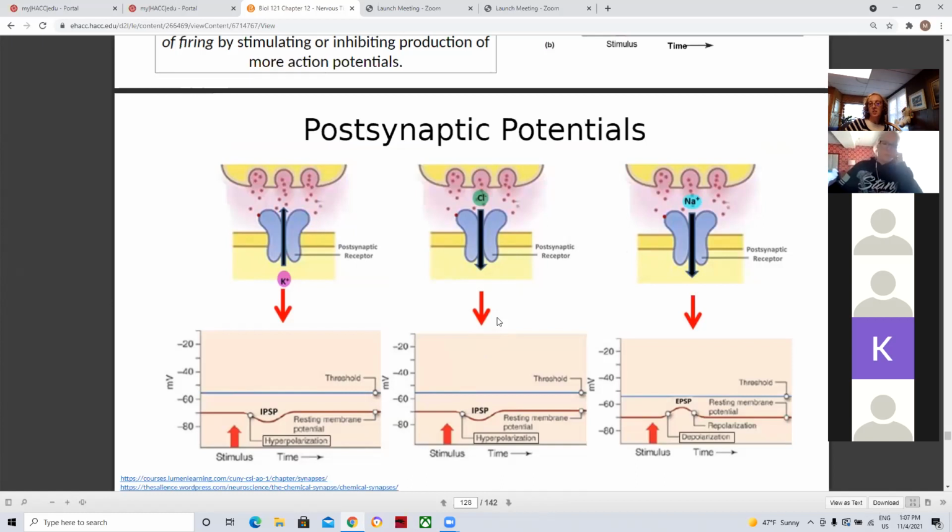Because if potassium is leaving the cell, it means that positive charges are leaving the cell. It's just going to make it more negative. If chlorine is entering the cell, because it's got a negative charge, it's going to make the inside of the cell more negative. If sodium enters the cell, because it's positively charged, it's going to make the cell more positive.